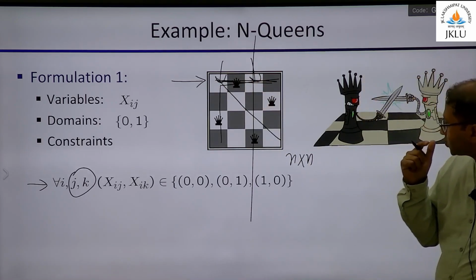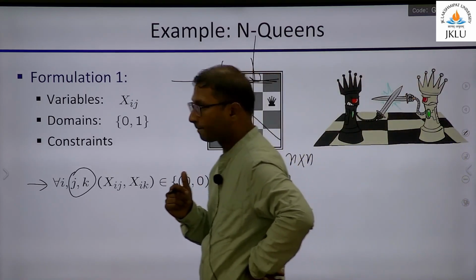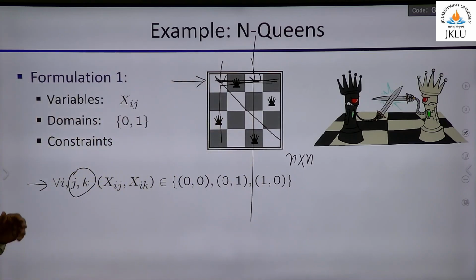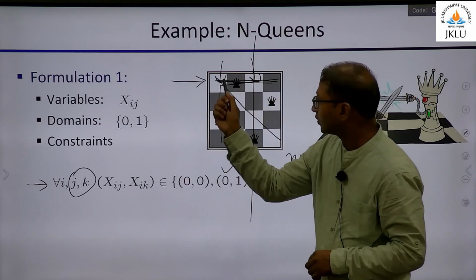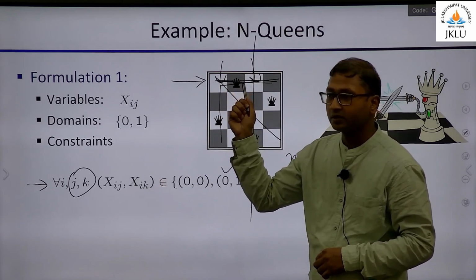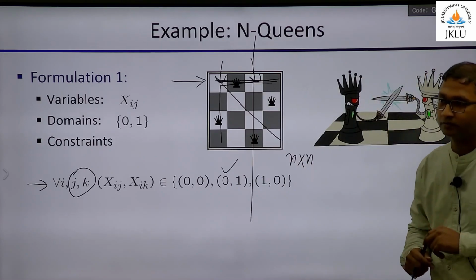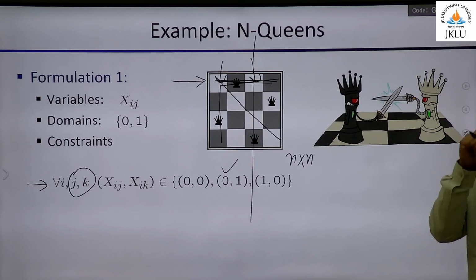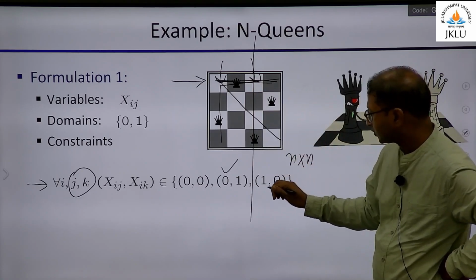What is x11 comma x12? What is x11 comma x12? 0 1. x11 is 0 but x12 is 1. What about x12 comma x14? x12 comma x14? 1 0.